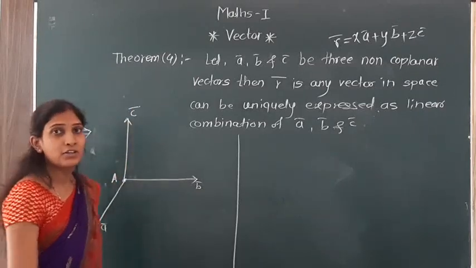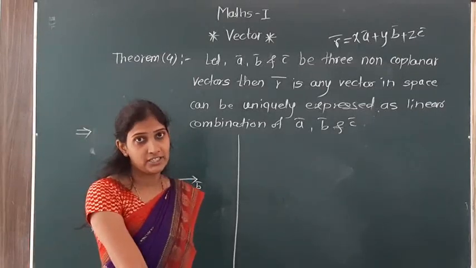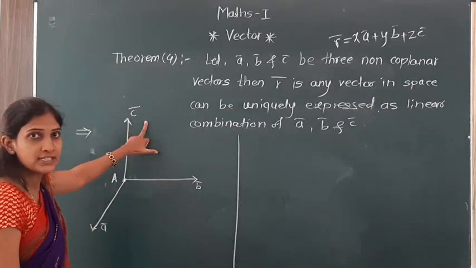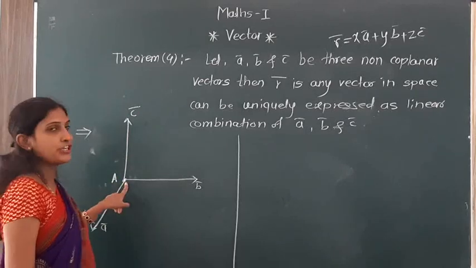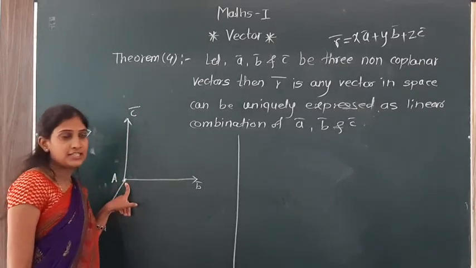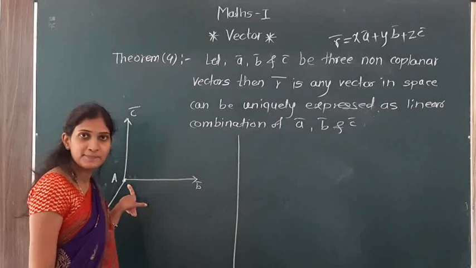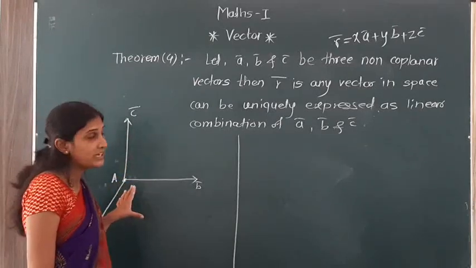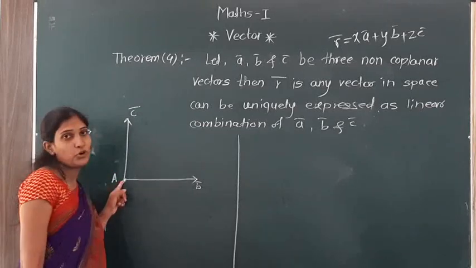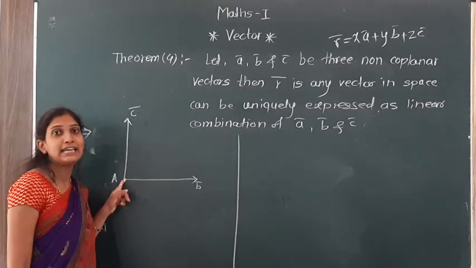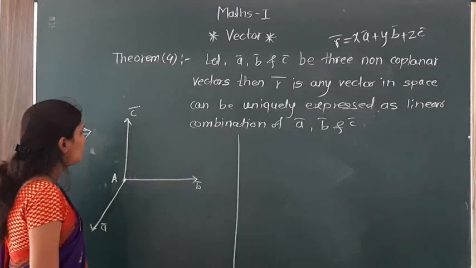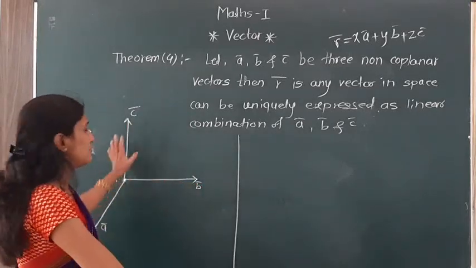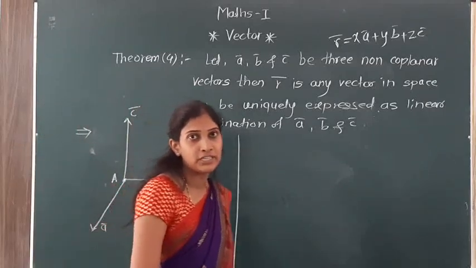These three vectors are non-coplanar and their initial point is A. Consider A as any point in space, and we draw three non-coplanar vectors with the same initial point A. Now we draw planes passing through these vectors.